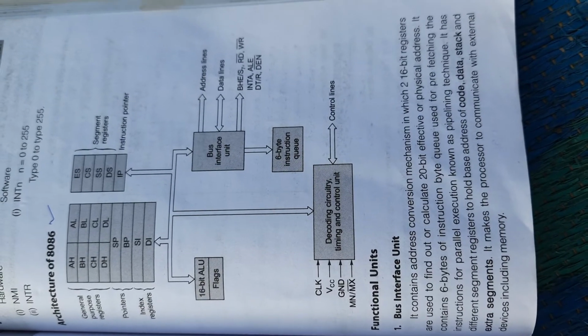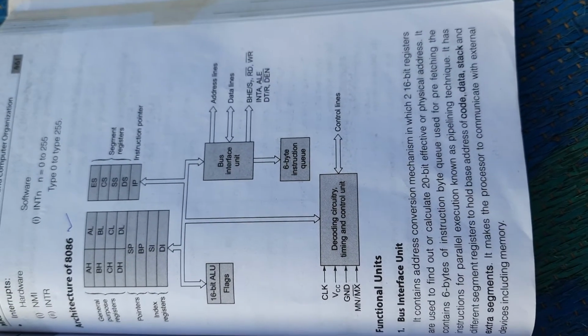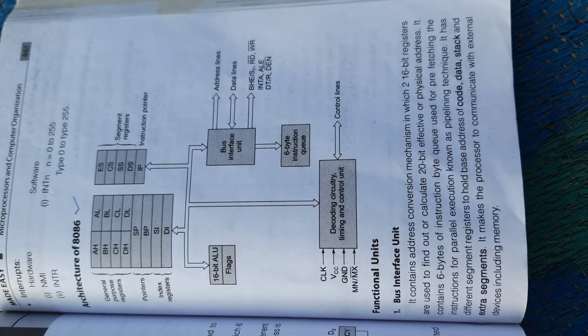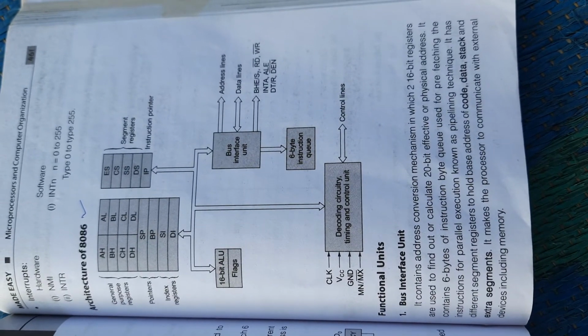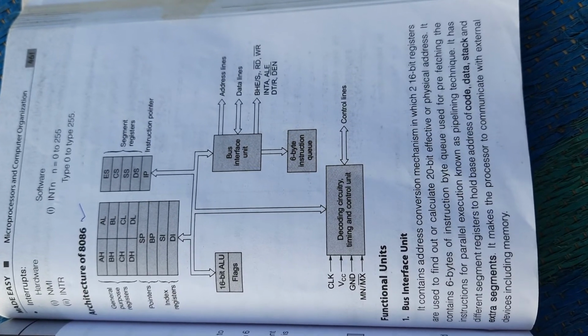So the bus interface unit contains an address conversion mechanism in which two 16-bit registers are used to calculate the 20-bit effective or physical address.